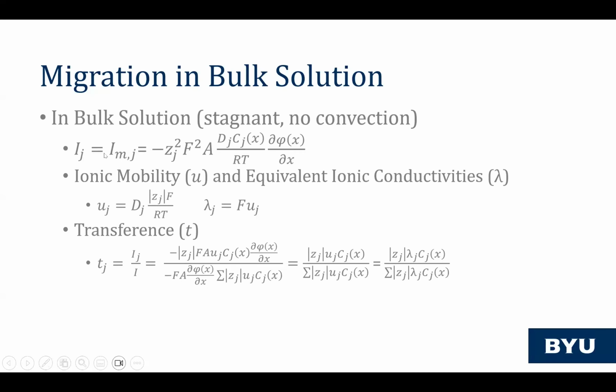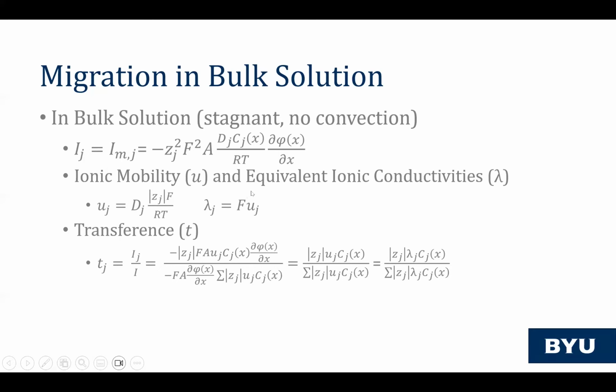So the migration component: if we're in the bulk solution, the current is solely carried by migration. And so we can represent the current of the species solely by this portion of the Nernst-Planck equation that we've seen before. For convenience, we're going to define this ionic mobility, which consists of the diffusion coefficient of species J times the absolute value of the charge of species J times Faraday's constant over the gas constant times the temperature.